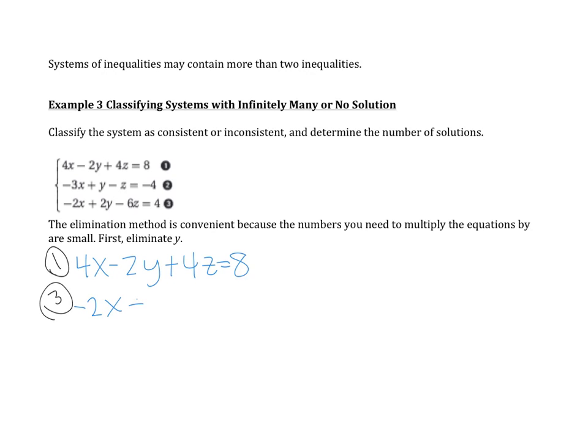If you notice, we can eliminate the y's right away by adding the two equations.